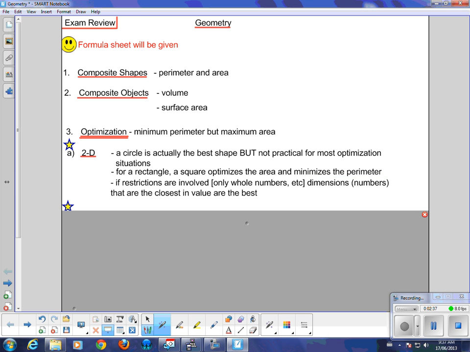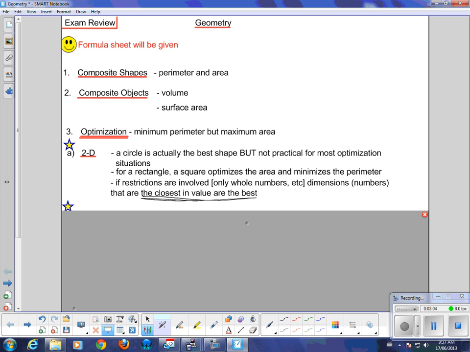Now, the other thing that was interesting in this unit had to do with restrictions. So sometimes they said the numbers had to be whole numbers or had to add up to a certain number. So what we have to do here is usually, in almost all cases, it is the number that's the closest. So the numbers that are closest. So in other words, they're closest to being a square.